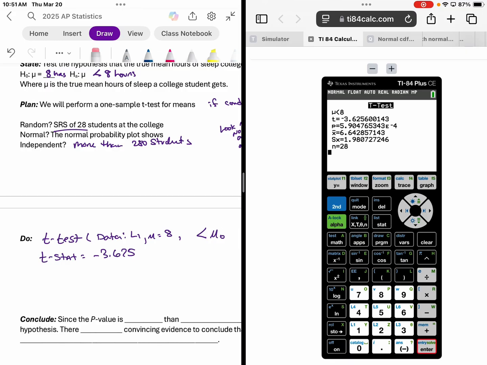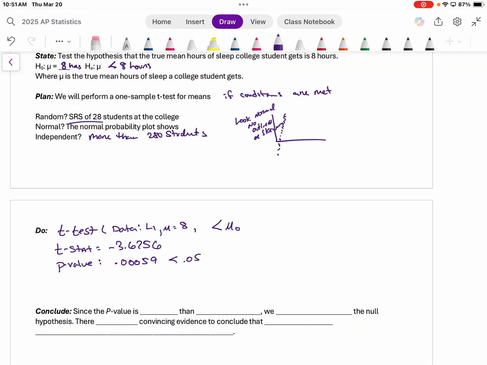And then my p-value is 0.00059. So then I'm going to compare that to 5%. I know that is less than 5%, so I'm ready to write my conclusion here.